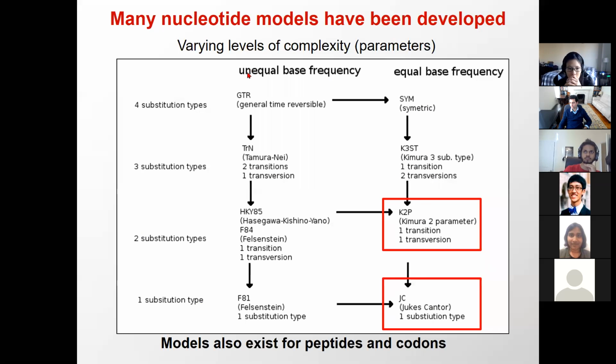Alternatively, I might have unequal base frequencies and therefore include models such as the general time reversible model, which allows for these unequal frequencies.